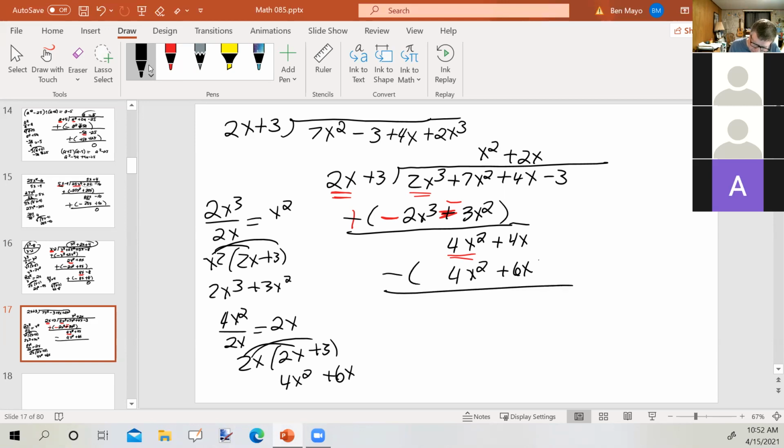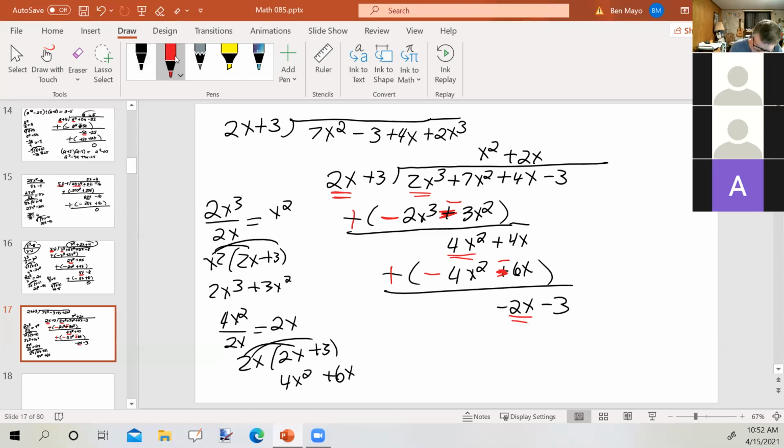We'll subtract that quantity from what's up above. Change it to addition of the opposite. Add up the columns. 4x squared plus negative 4x squared is 0x squared. 4x plus negative 6x is negative 2x. Bring down the next term, minus 3.